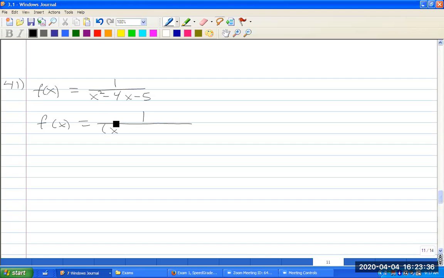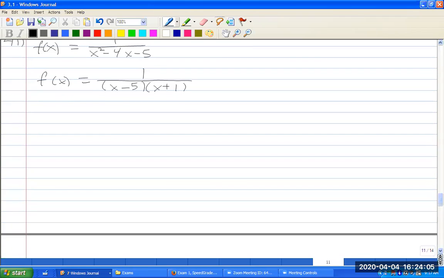So I'll bring down the x. I have a negative, so let's bring down the negative. Times negative is positive. I want two whole numbers whose product is 5 and whose difference is 4. So 5 and 1.